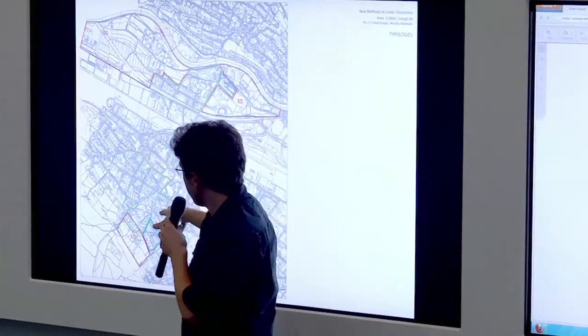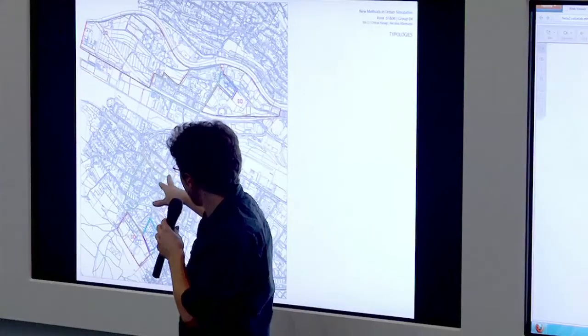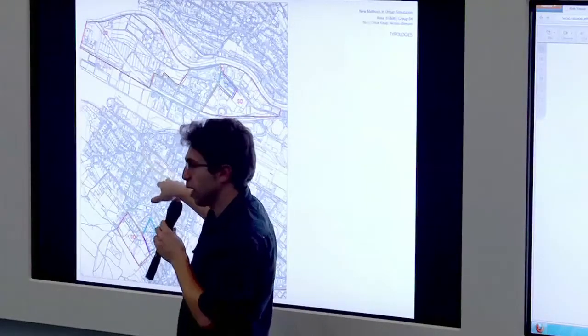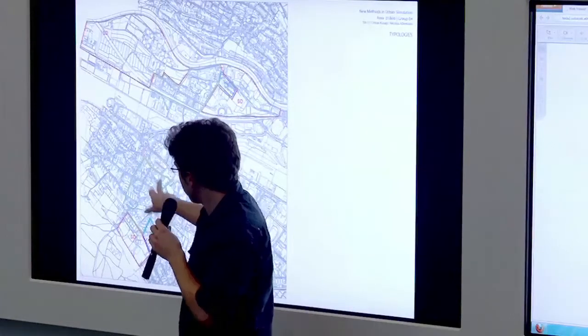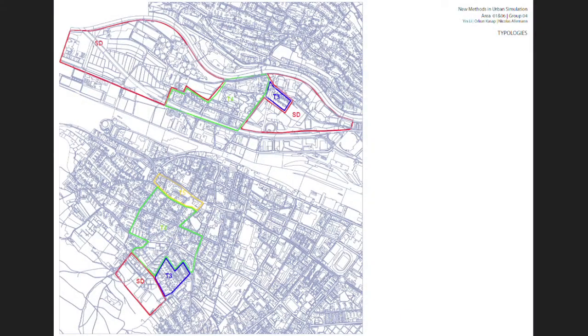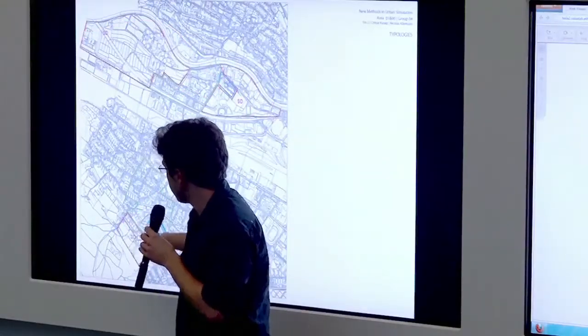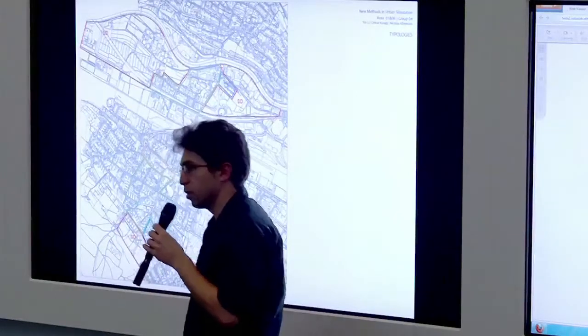In area 6, we have a limited commercial and housing zone. And then in the middle, we have a rather homogeneous, medium-dense housing, single-family housing, and the sports facilities on the top.